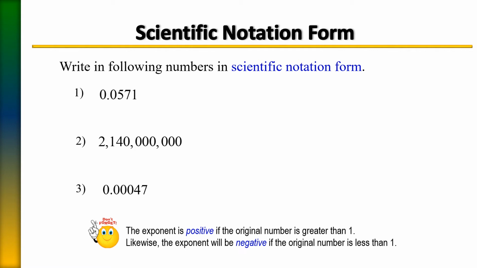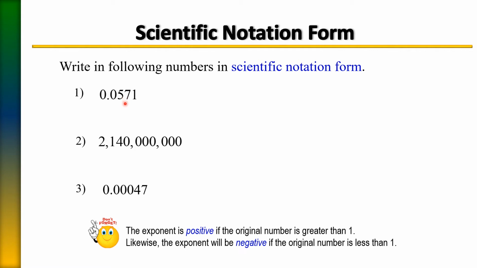We need to write this as a decimal between 1 but less than 10. So where the decimal is now, we've got to move it. If we move it over one place, we're still not at a decimal between 1 and 10. Move it over one more. There we are. We're at 5.71. Yes, that is a number between 1 but less than 10.